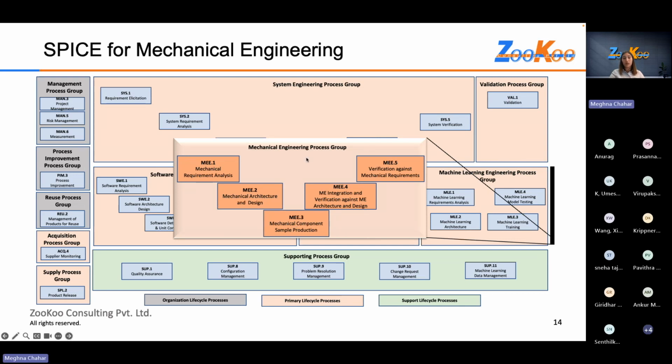So we don't have 2 different process groups. They reduced it to only 1 process group, called the mechanical engineering process group, consisting of 5 processes, starting from requirements, design, production, verification, and verification against your requirements. Very much similar to our software processes, if you see.